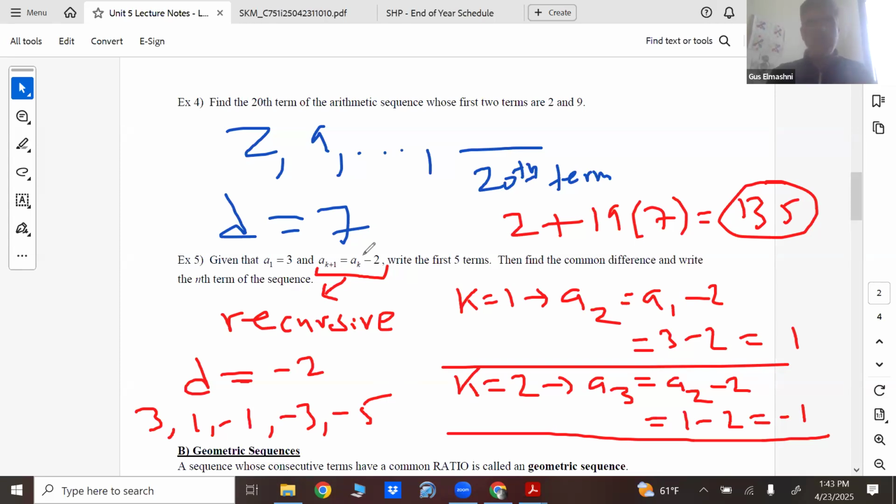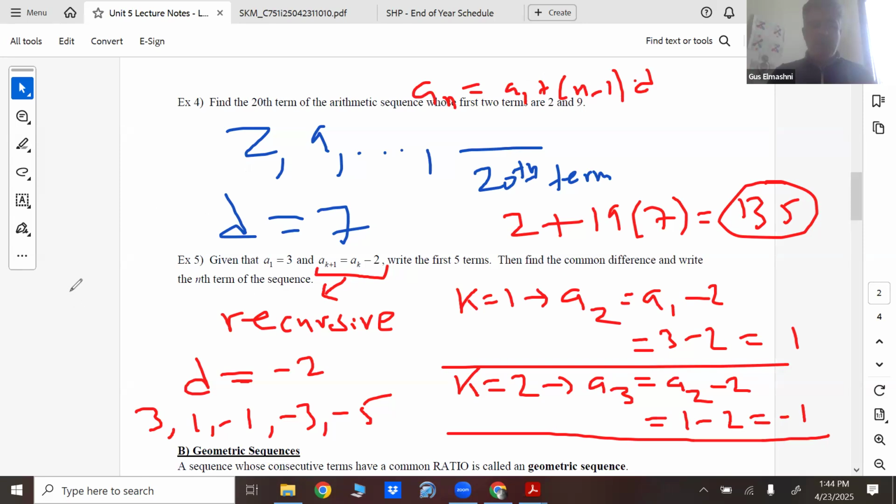But wait, what's the explicit one? Well, this right here, an equals a1 plus the n minus 1 times d, because it gets you the answer. It gets you whatever term you want directly. What's the other formula? Oh, the recursive. No, this is all under the umbrella of arithmetic. We haven't gone to geometric yet. We'll get to geometric in a moment. So what's the nth term? How do I find that?